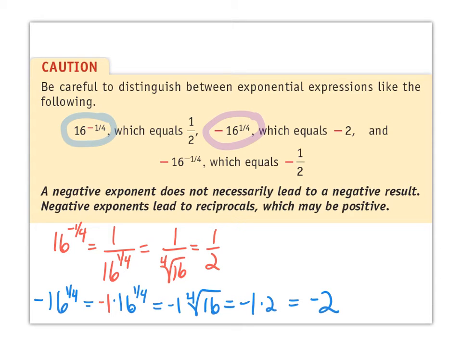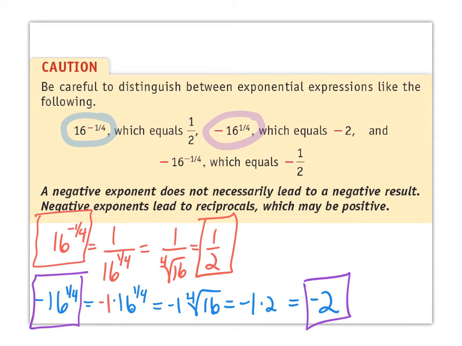Notice the difference here: we get negative 2 when we are evaluating negative 16 to the 1/4, compared to the 1/2 that we get when we're evaluating 16 to the negative 1/4. The problems look similar, but in the first example the negative is in the exponent, and in the second example the negative is out in front.